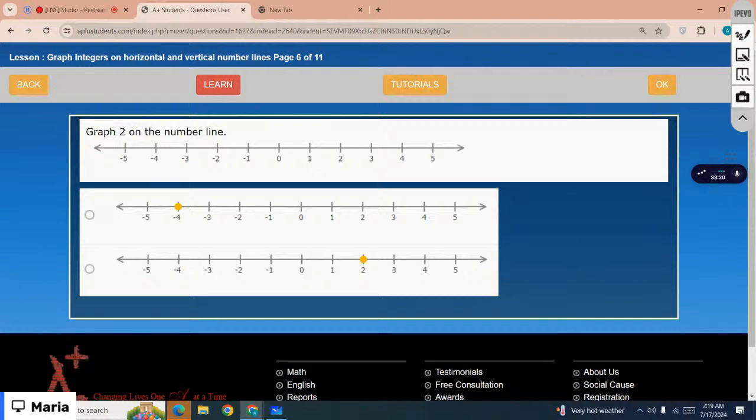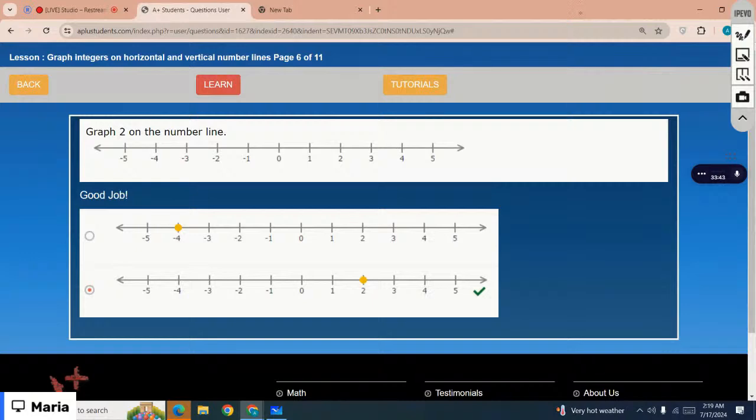Graph 2 on the number line, which is the correct option? Option number 2 is the correct option. Very good.